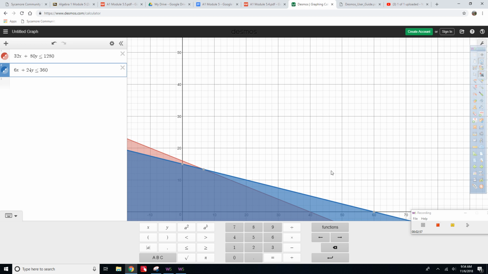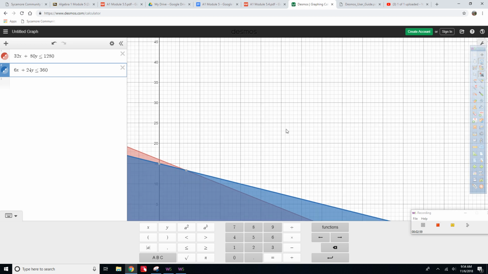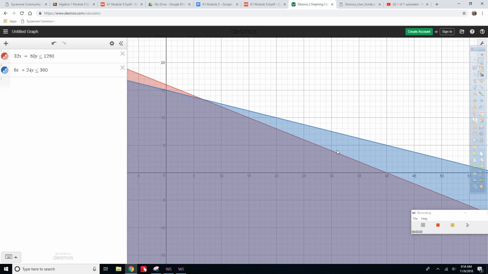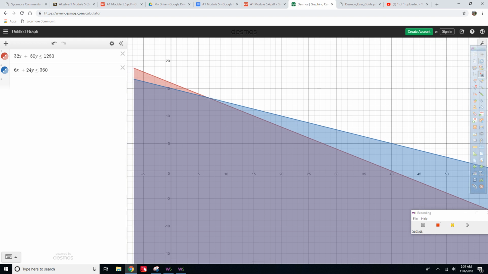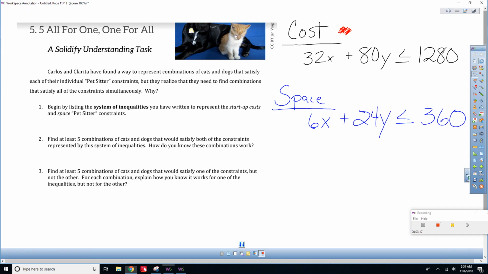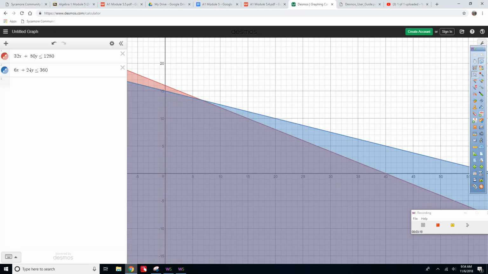Okay, so I'm going to blow this up a little bit. If they wanted points that worked for one equation but not the other, you'd have to pick points here. So I'll just use my mouse. You'd have to pick points in this blue.